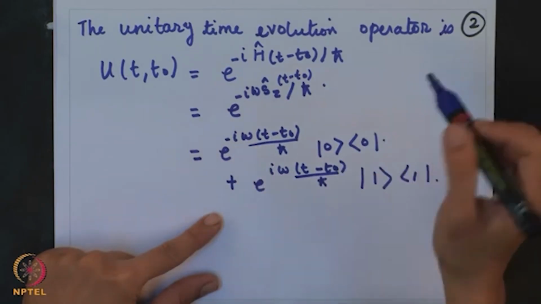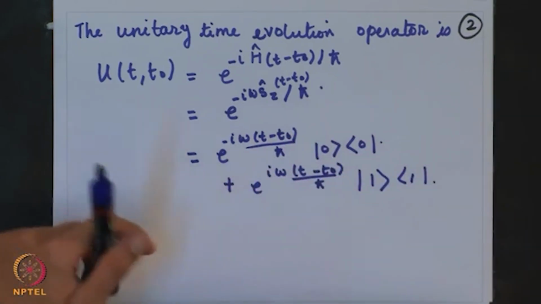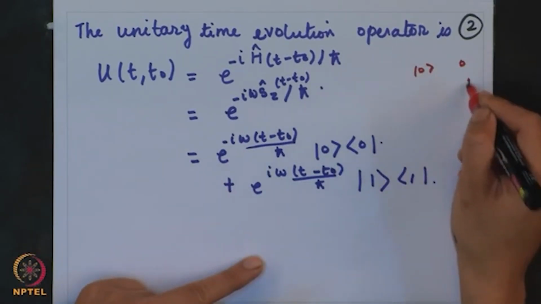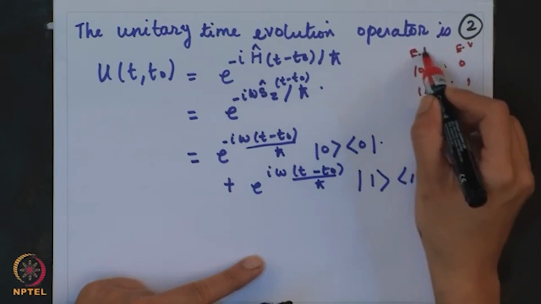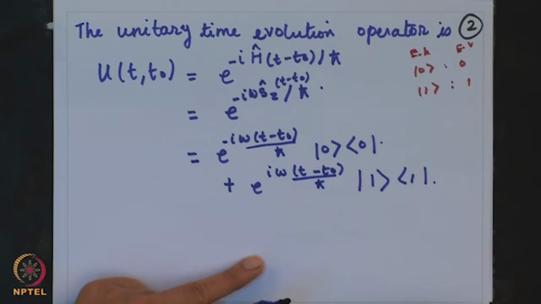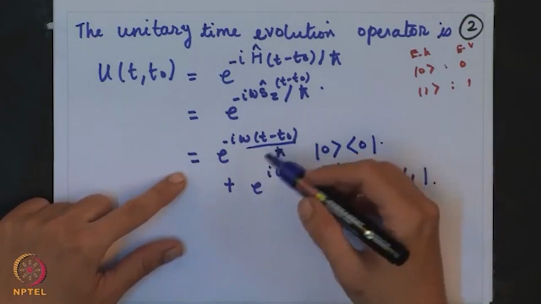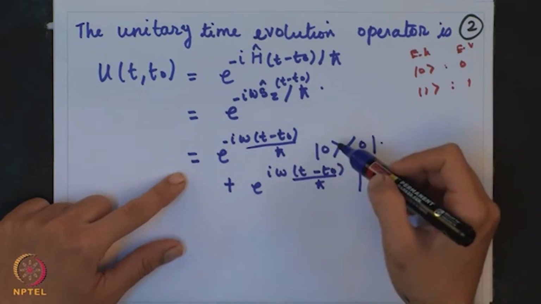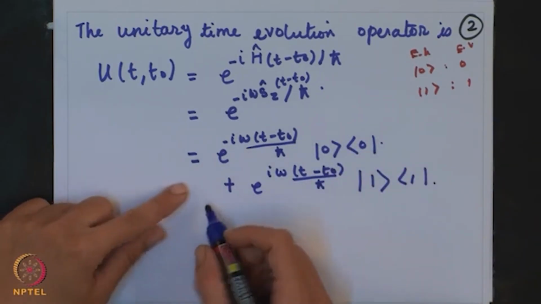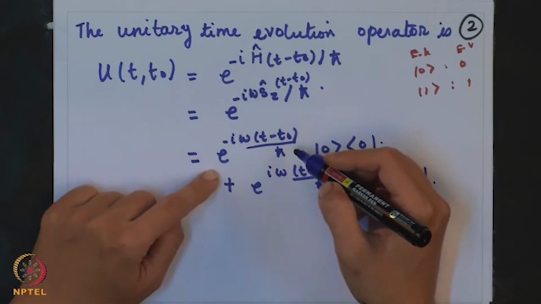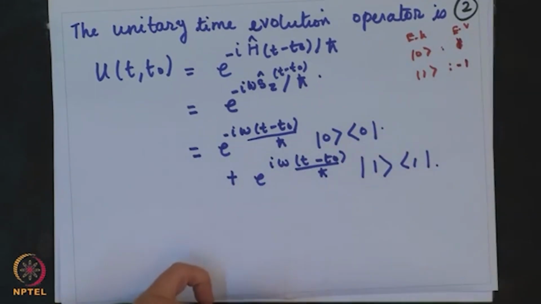Remember, the kets 0 and 1 are the eigenbases of Sz, with eigenvalues 1 and minus 1, I am sorry, 1 and minus 1, I made a mistake. These are eigenkets.